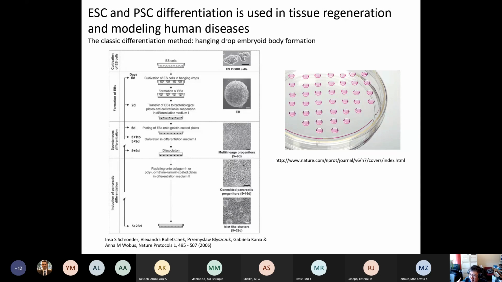Then you initiate some treatment, you give different growth factors, and you can induce those cells to different cell lineages. Make them become heart cells, make them become neuron cells, all kinds of possibilities. So you change the extracellular cues so that they will go to the fate that you tell them to go.